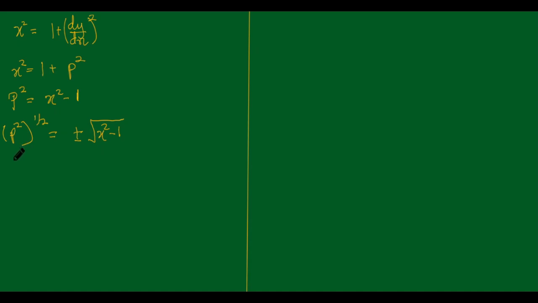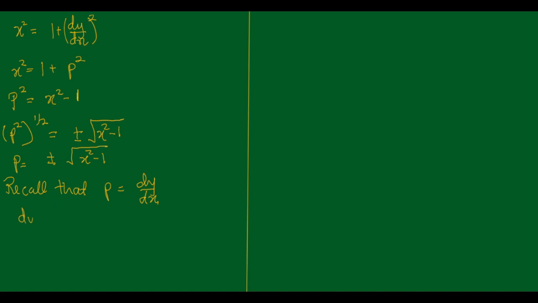So which means p now becomes plus or minus square root of x squared minus 1. Now we should recall that p is equal to dy dx.